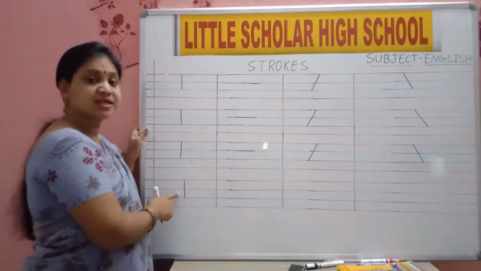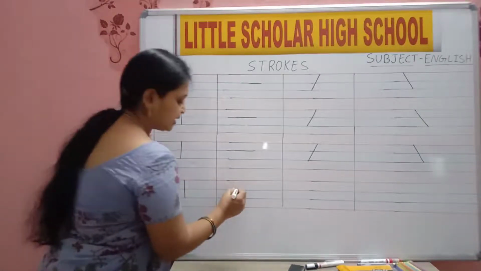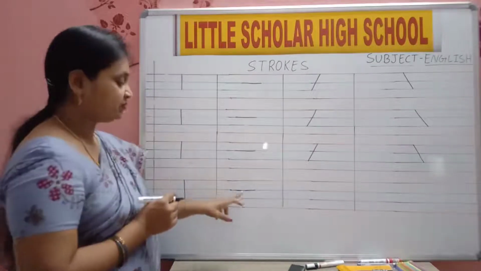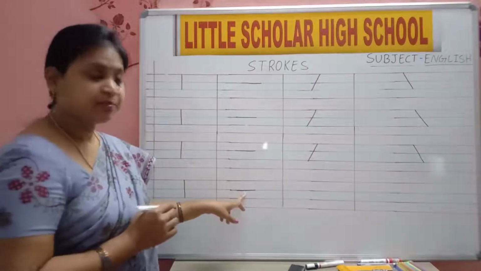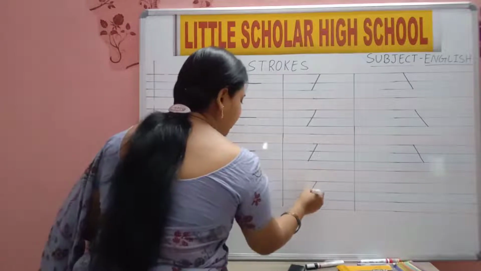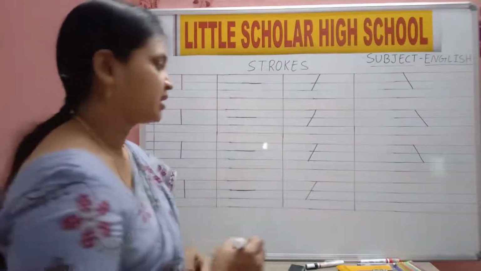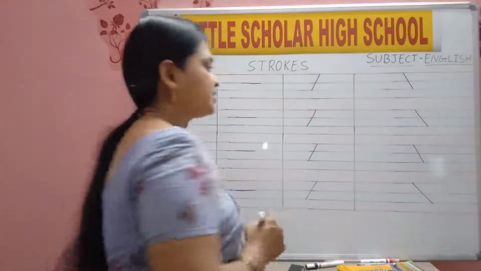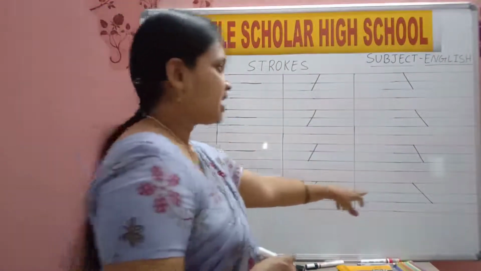Which line is this? Standing. Next, which line is this? Sleeping. Then slanting line. One more slanting line.